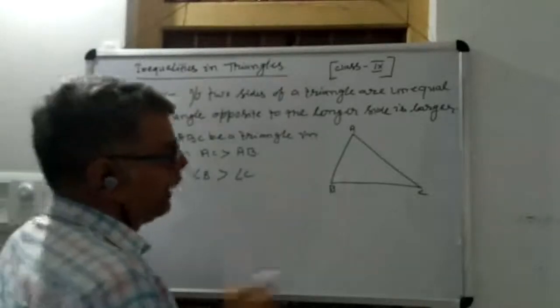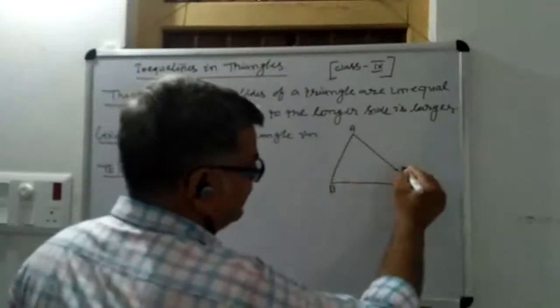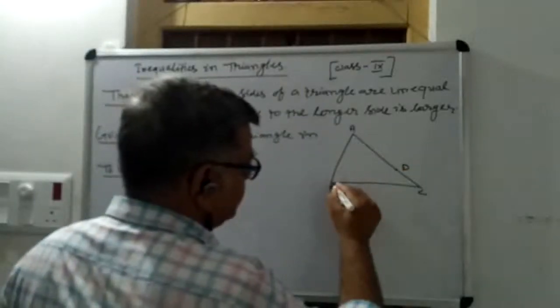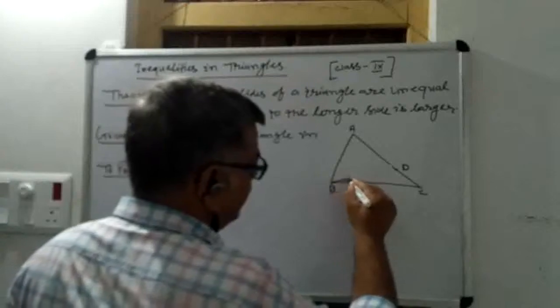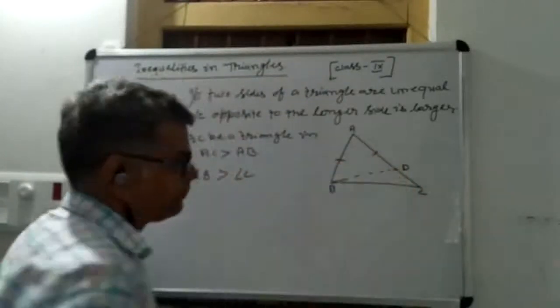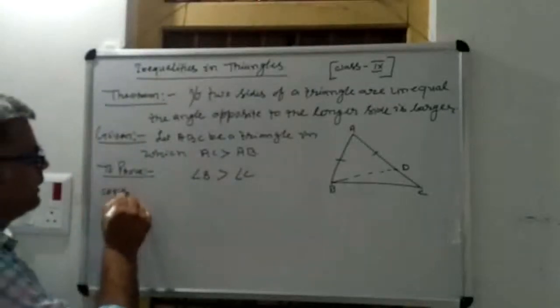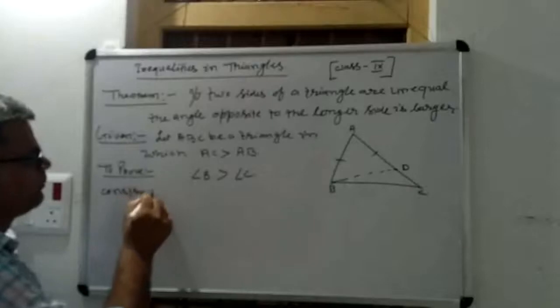Now we take a point D on AC such that AB equals AD. Construction, write construction here.